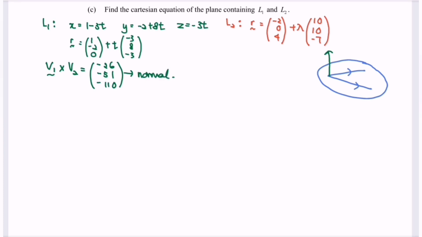Next, refer to the formula: r dot n equals a dot n. We already found the normal. What we have to do is make use of one of the points from line L1 or L2.